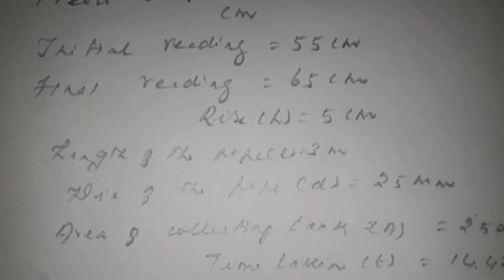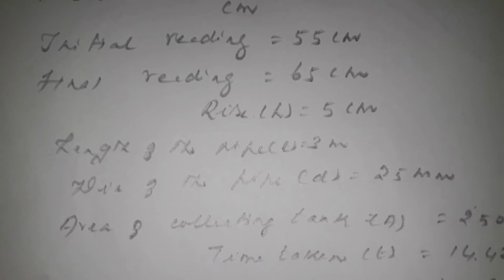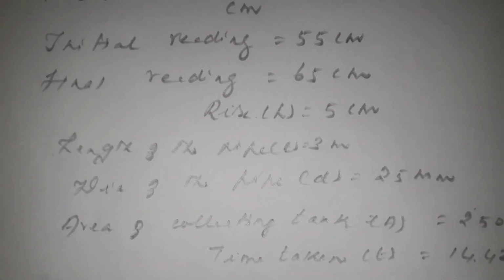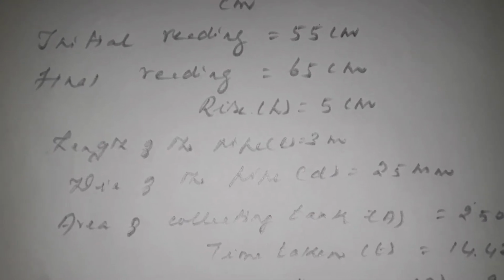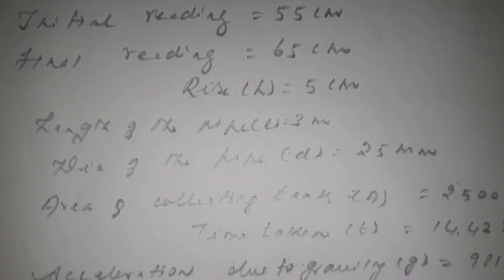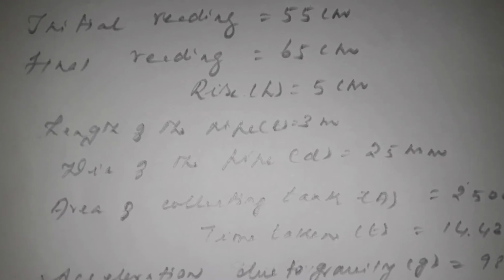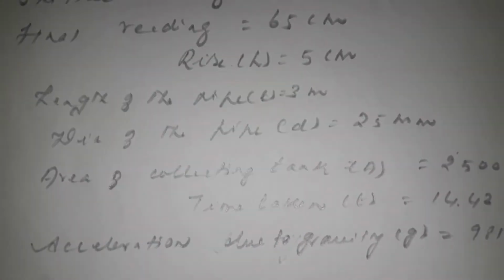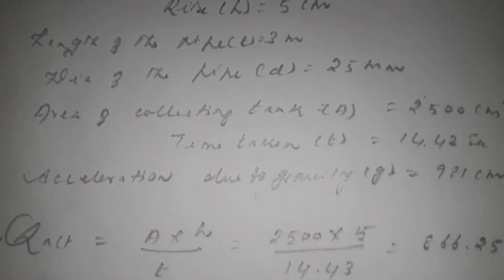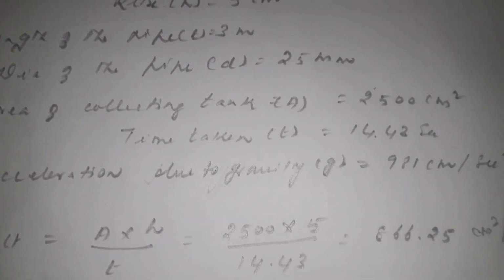The initial reading is 55 centimeter and final reading is 65 centimeter. The water level rise is how much? 5 centimeter. It is denoted by small h. Length of the pipe is 3 meter and diameter of the pipe is 25 mm. These two are constant, and area of collecting tank is already measured.